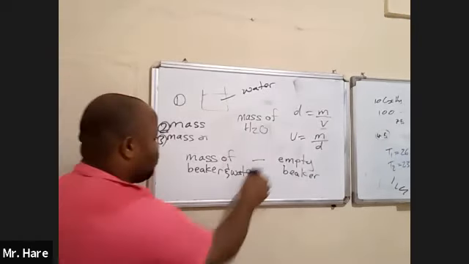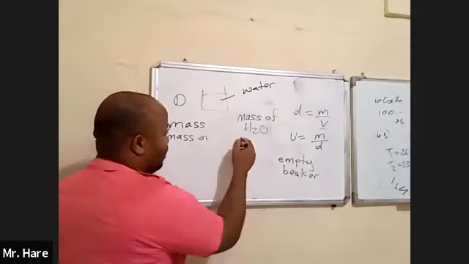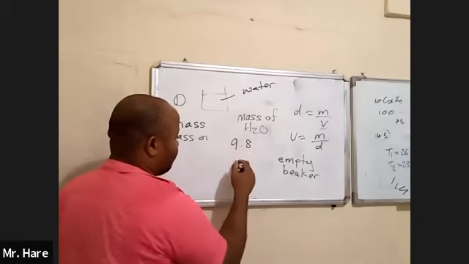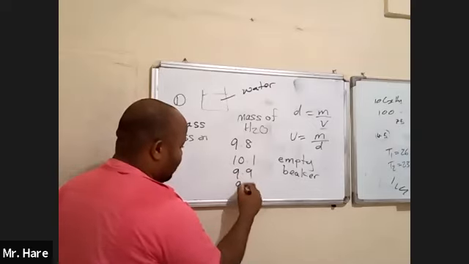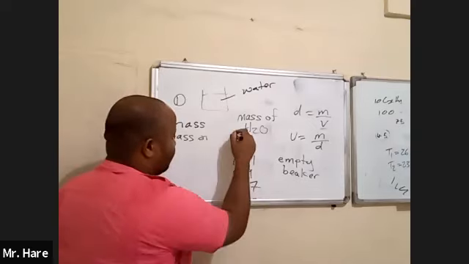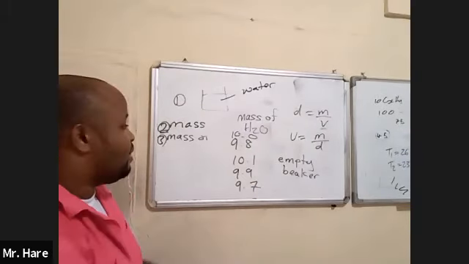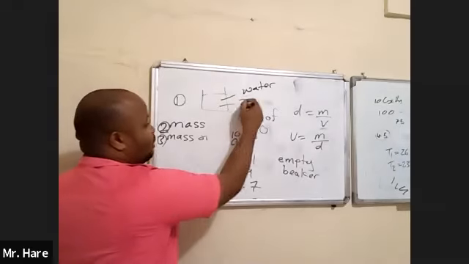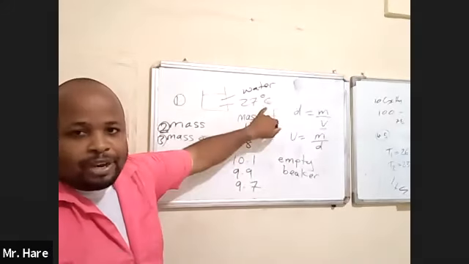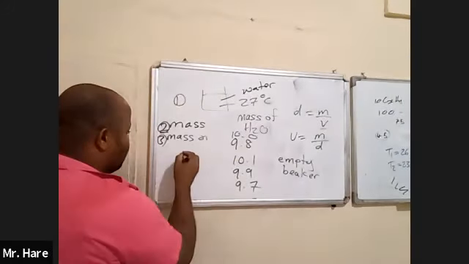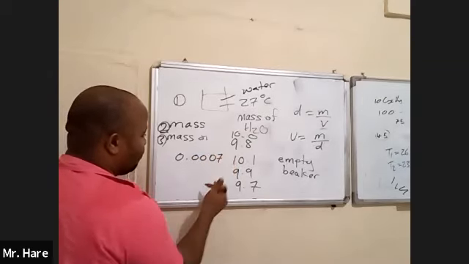So quickly, let us say for mass, you got 9.8, 10.1, 9.9, 9.7, and 10. That would have been the mass. Let us say the temperature of the water was 27 degrees Celsius, and at 27 degrees Celsius, the density was 0.00074.